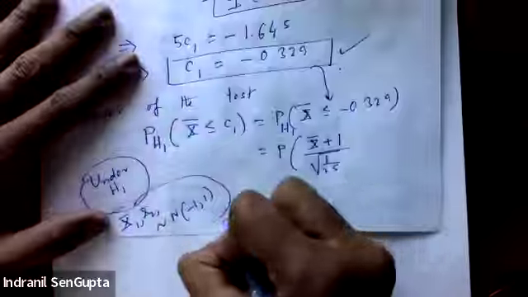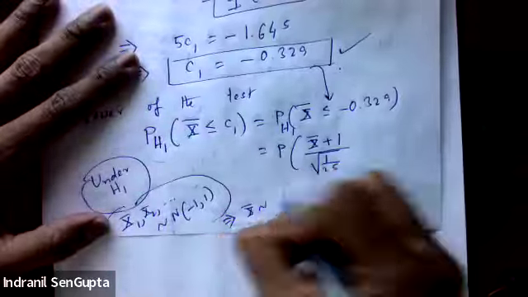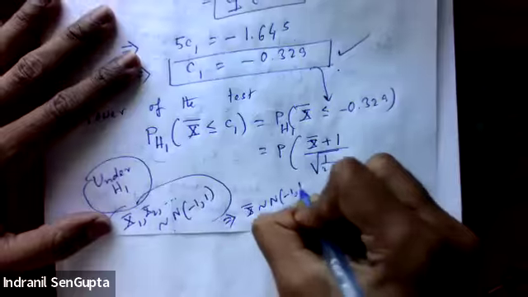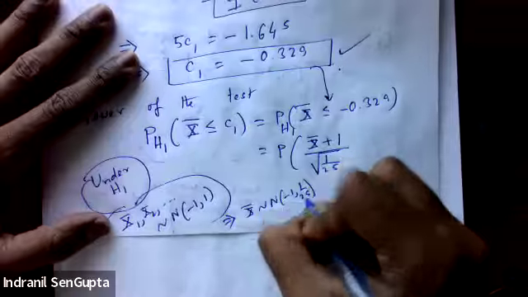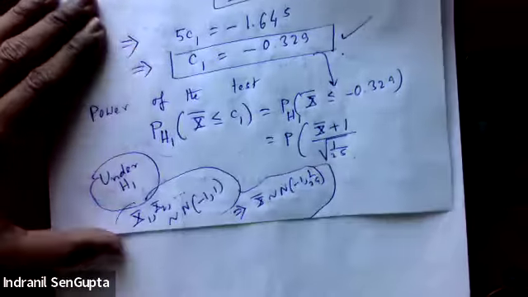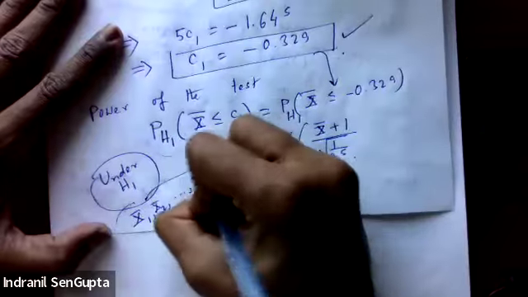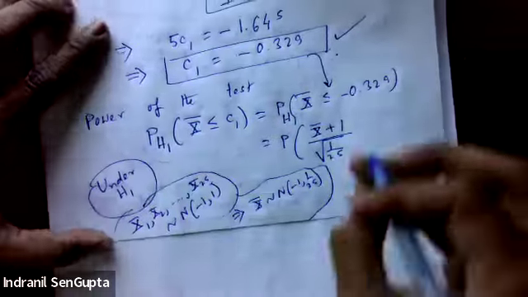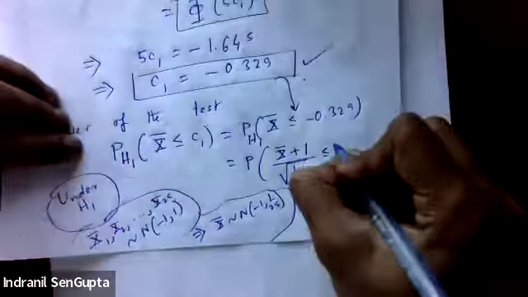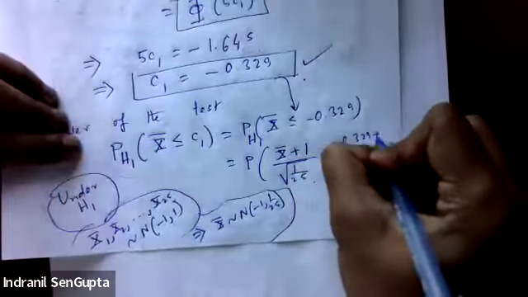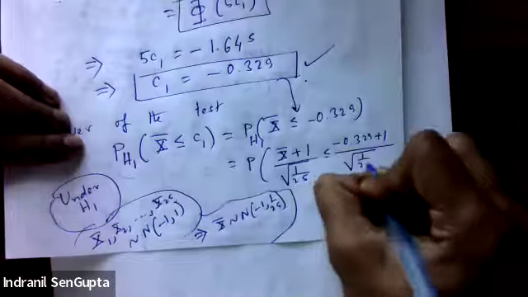This really means X bar follows a normal with mean -1 and variance 1 over 25, with n equal to 25. So this is less than or equal to minus 0.329 plus 1 over the square root of 1 over 25.